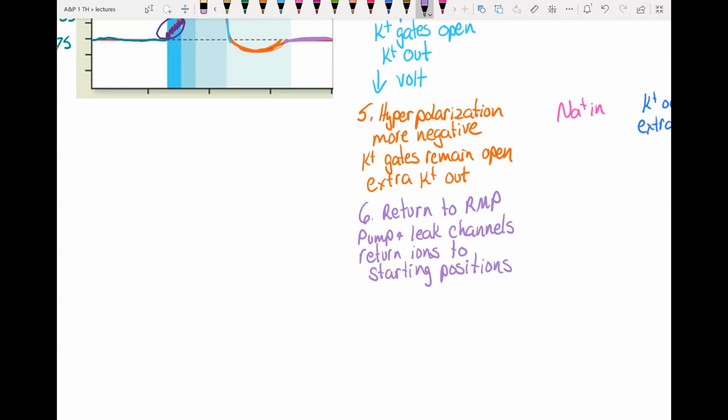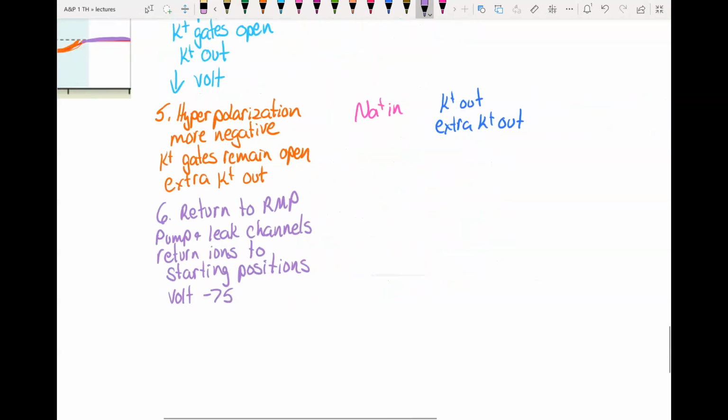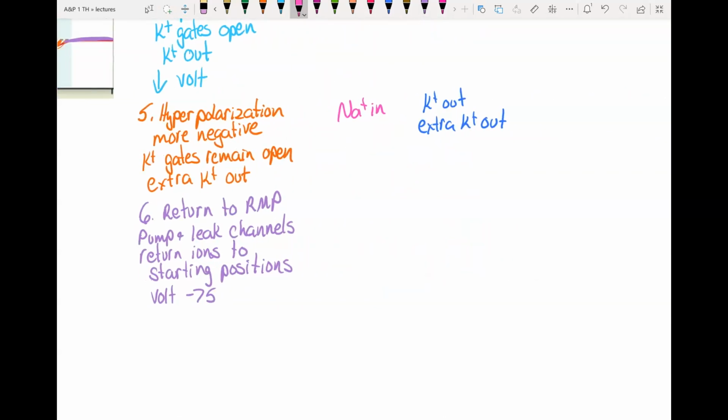And your voltage returns to negative 75. So now we have our sodium back out, and we have our potassium back in, and we're back at negative 75.